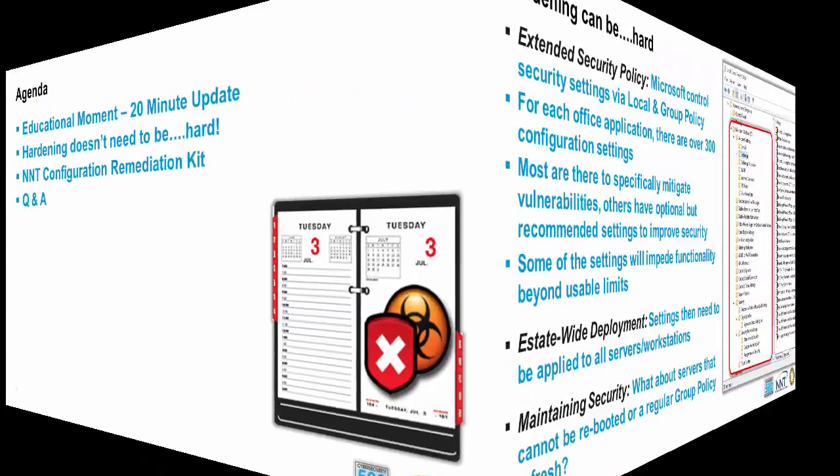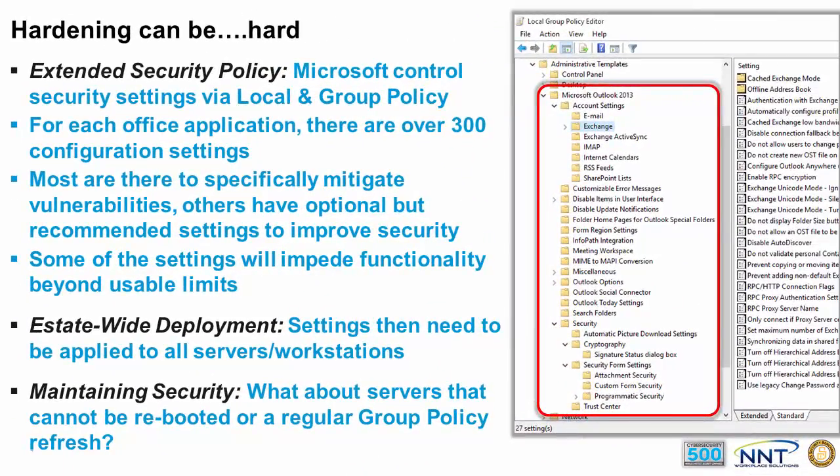Okay, so hopefully this is reasonably familiar ground to you. Anyone who's familiar with NNT will know that we're all about configuration assessments. We've got a very broad range of reports that we can aim at a device, run an audit and let you know where it's not as secure as it could be, should be, and then we provide remediation advice.